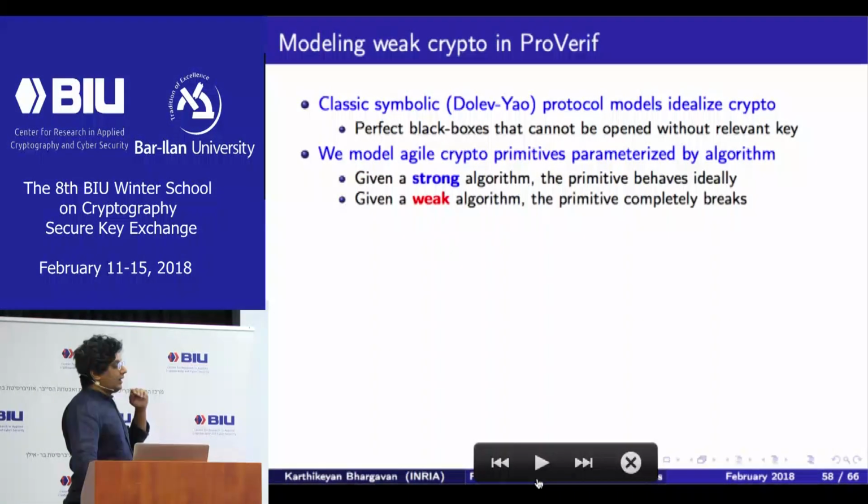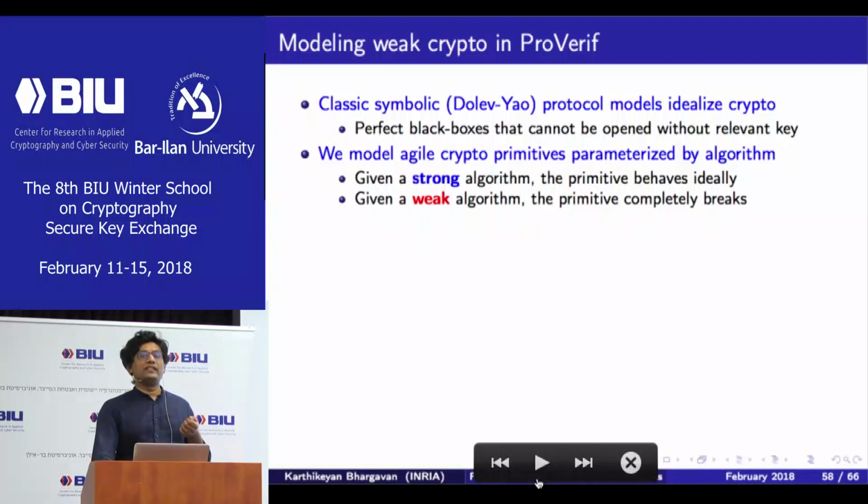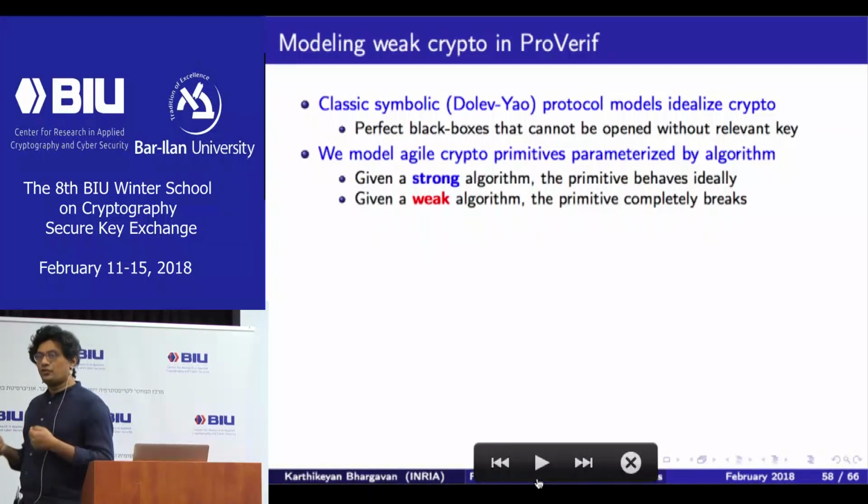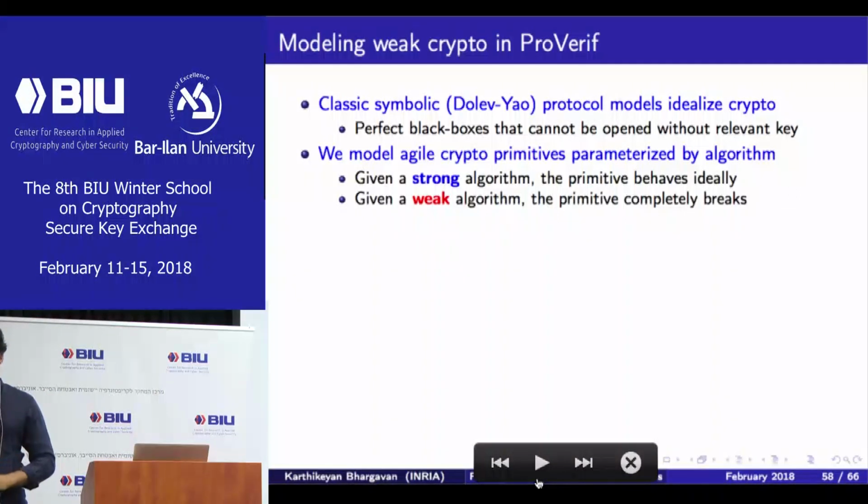So how can we verify that TLS 1.3 is secure against such attacks? What we did was to model the whole of the TLS protocol in ProVerif. And when we do that, we can't just verify it against a strong model of crypto. We also want to introduce some weak notions of crypto that will apply when you're using an old version of the protocol.